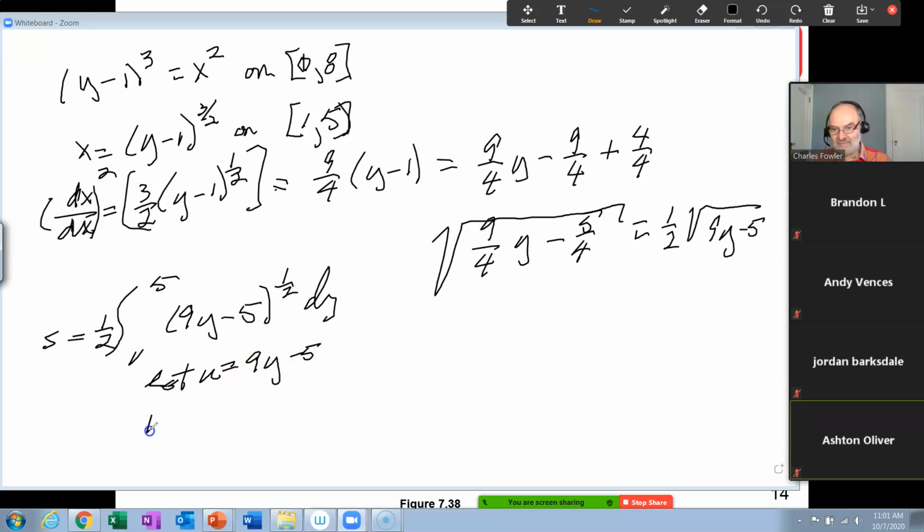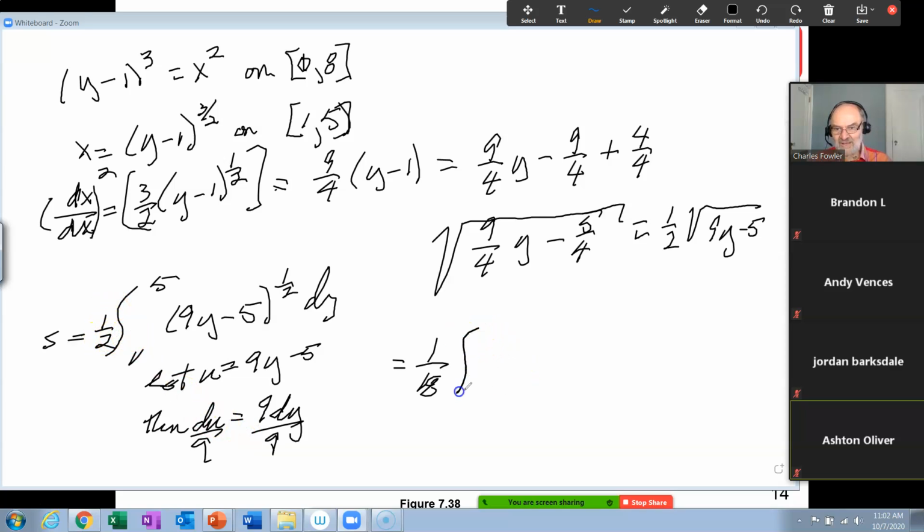Then du is equal to 9 dy, right? Well, we don't have a 9 dy, we just have a dy, so let's divide everything by 9 and take it. So this would then be 1/18. You pull out the 1/9 and combine it with the 1/2.